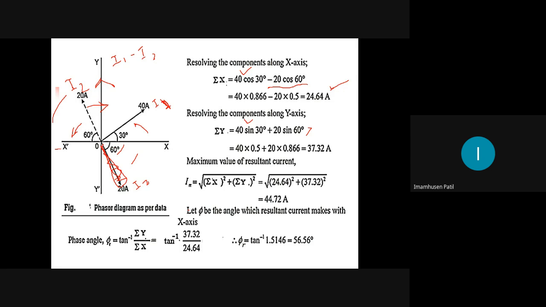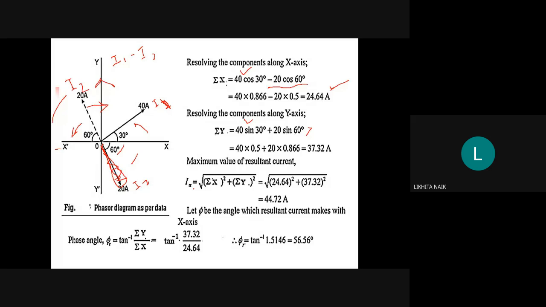Okay, finished? Roll number 1, have you understood?